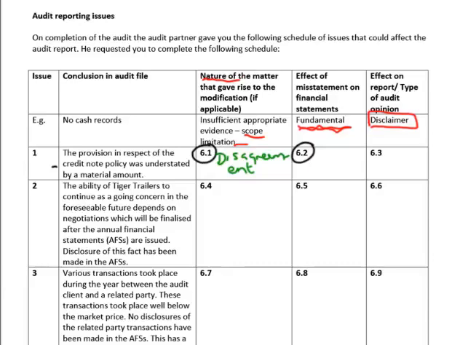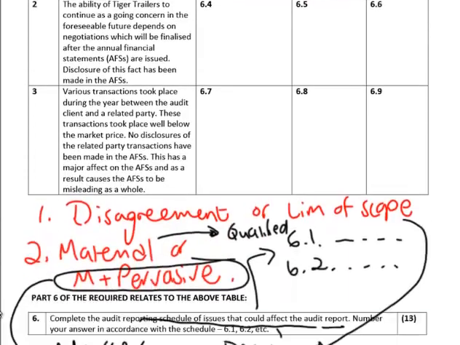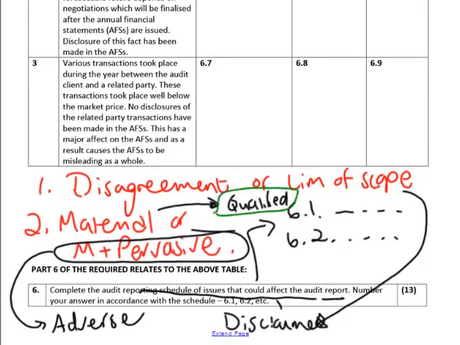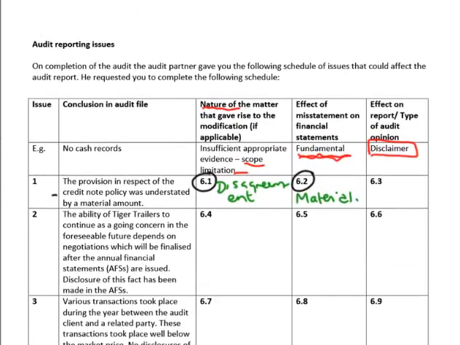In this case, it would just be material. The credit note provision being understated by a material amount wouldn't affect the entire financials. So if it's a disagreement and it's material, it's going to be our qualified. We'll put next to that "except for", just so that they know what type of qualified.